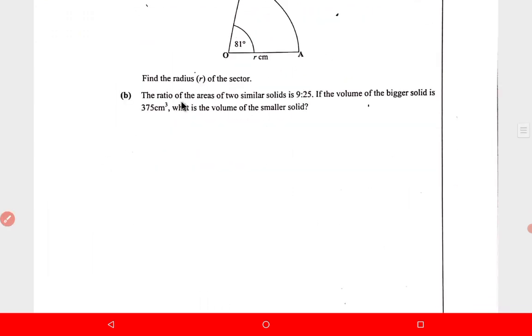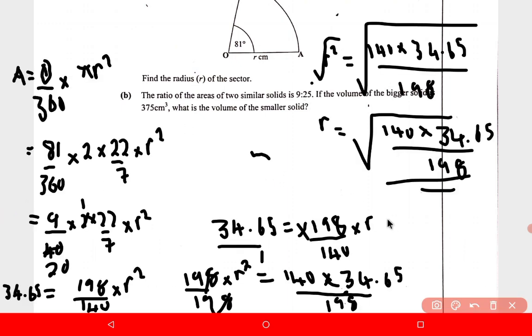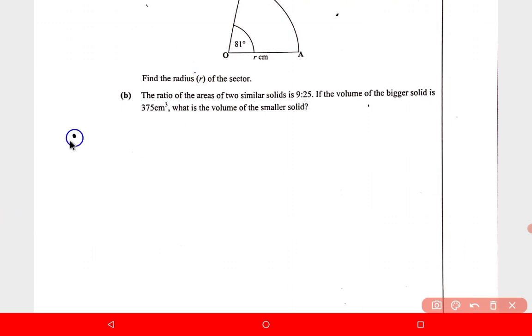All right, 12b, the ratio of the areas of two similar solids is 9 to 25. So this is the ratio, 9 to 25. If the volume of the bigger solid is 375, so you assume the bigger solid is this one, what is the volume of the smaller solid?